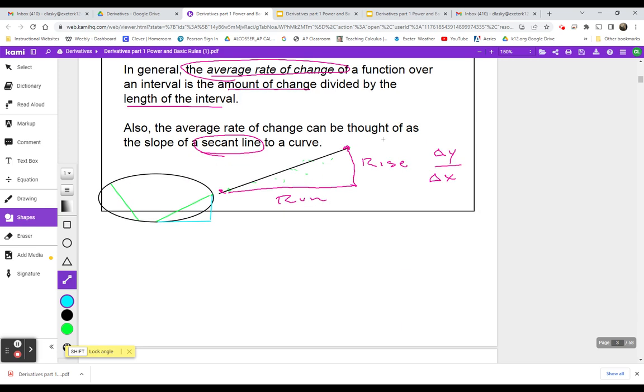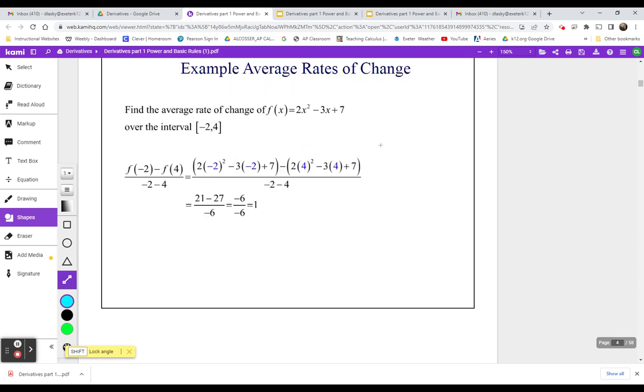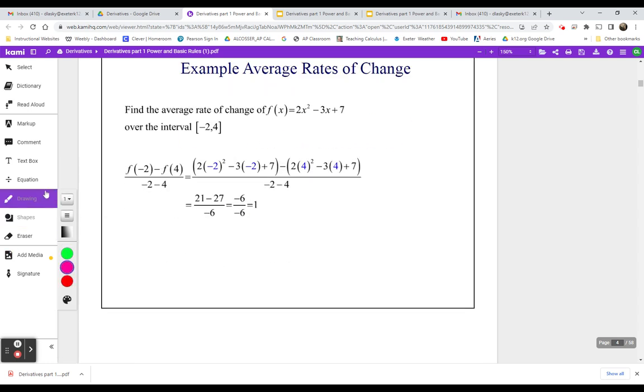All right. So let's move on to that next thing. So when you find rates of change, this is just kind of a quick review. I want to kind of tackle a couple of things with you guys here. One of them is this. So this is over the interval. Okay. So this means that the starting point, I'm going to put SP for starting point, is at x equals -2.